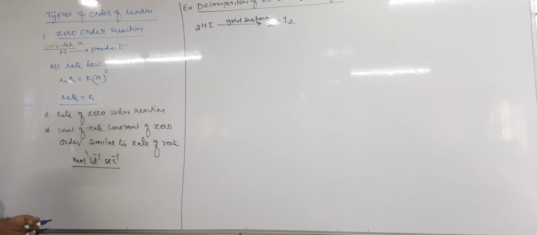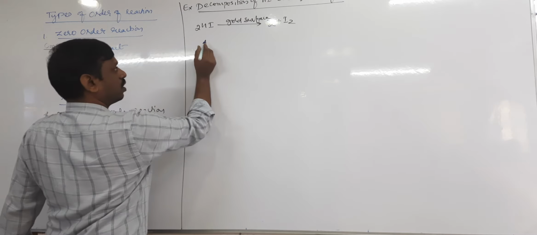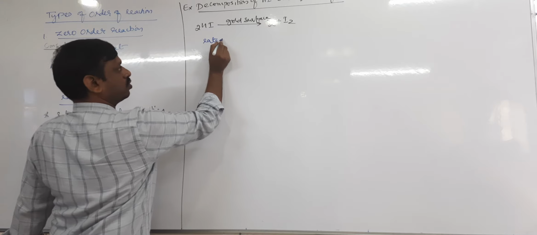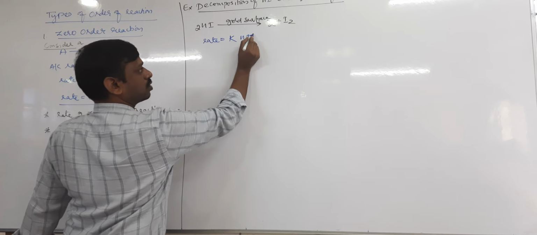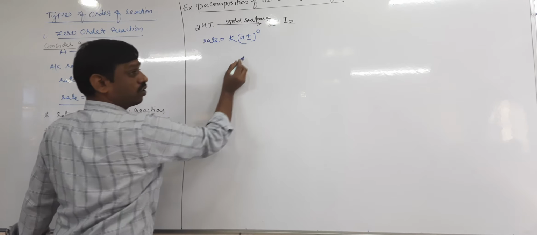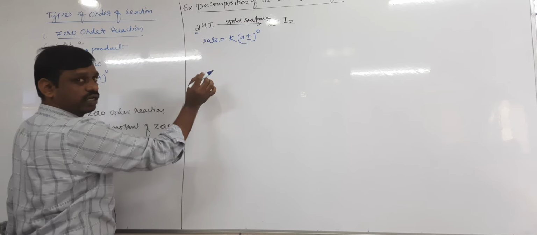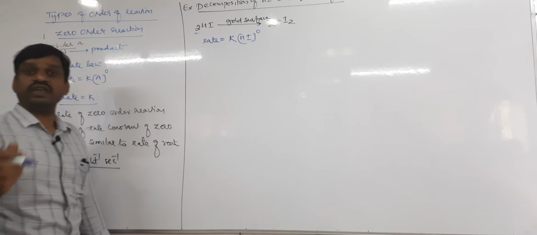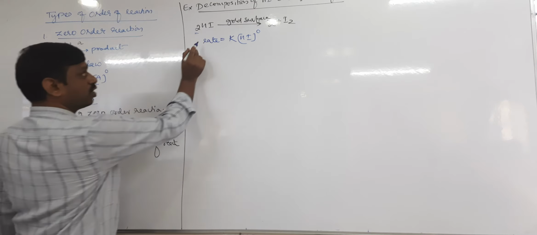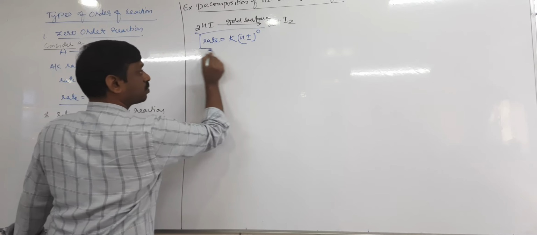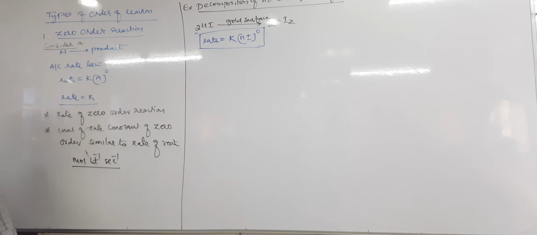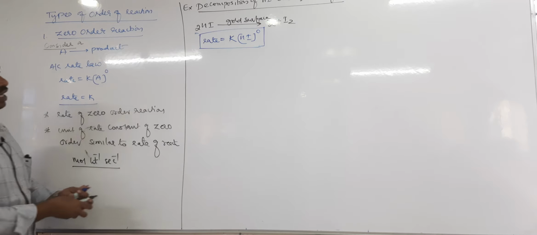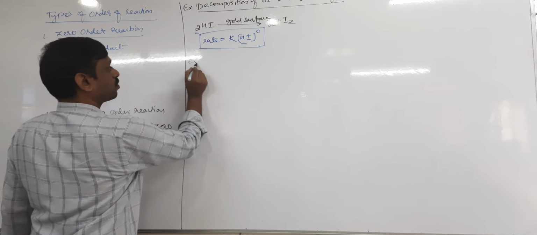For this reaction, what is the rate? Apply the rate law: rate equal to K into HI power 0. It is not 2, even though 2 is there, because rate is independent of concentration. This equation is called the experimentally determined rate equation. Therefore, order is 0.